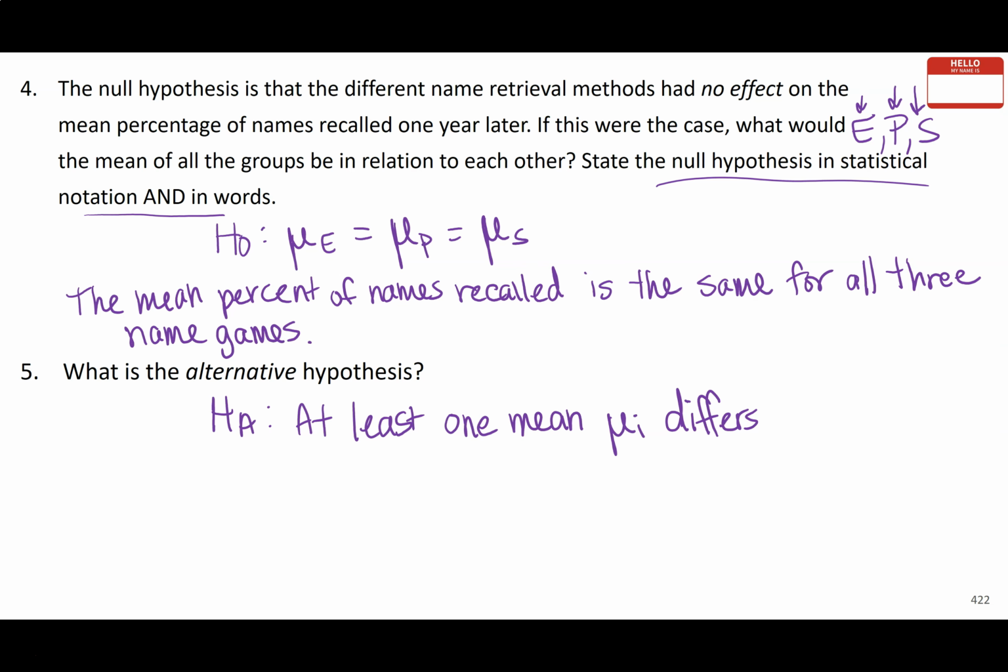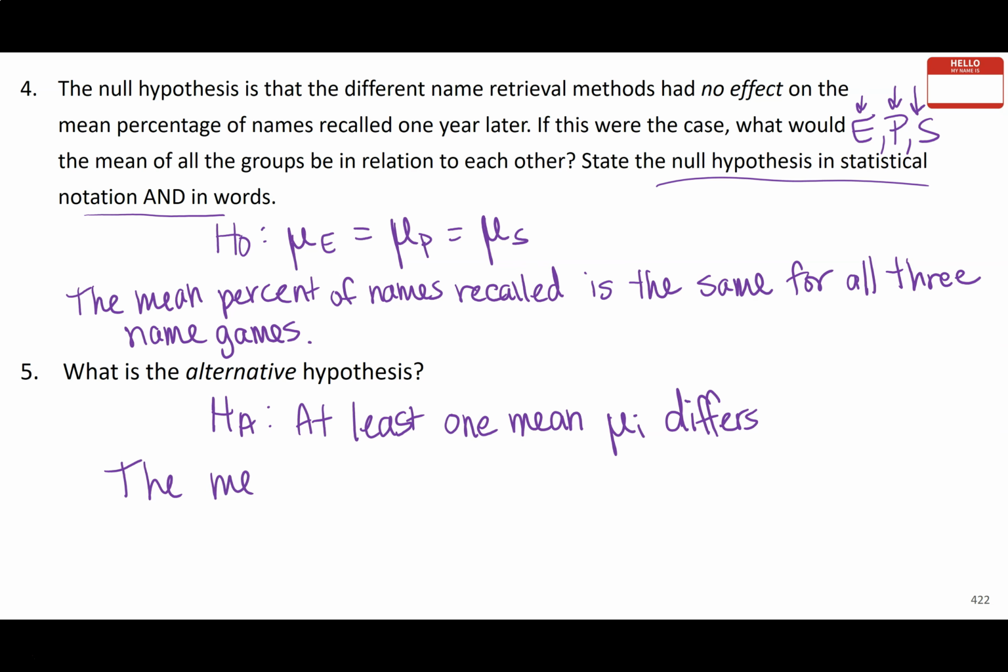And then let me see, probably word it slightly different. So the mean percentage here. So my alternative, at least one differs. So it doesn't mean that they all have to be different from each other, just at least one is different.